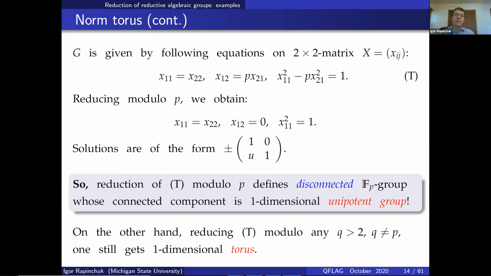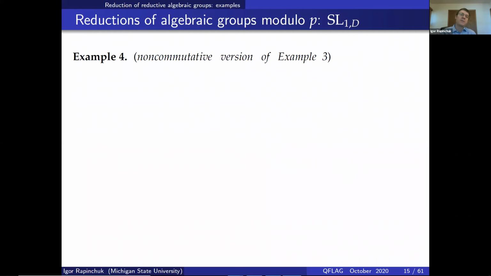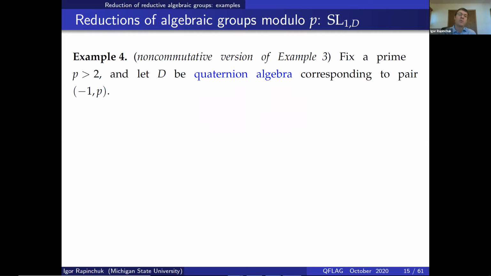Now, this example, of course, involves a commutative algebraic group, but it's easy to do something similar in a non-commutative setting as well. So as before, let's take a prime p greater than 2. But now, instead of looking at the quadratic extension, we work with a quaternion algebra corresponding to the pair (-1, p).